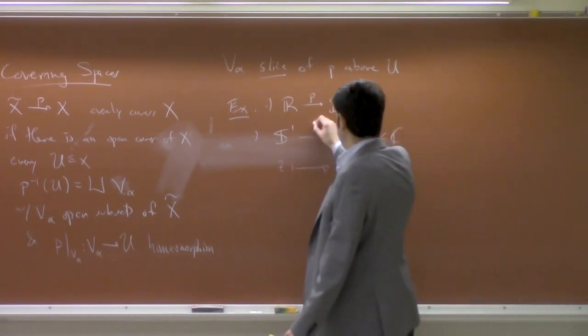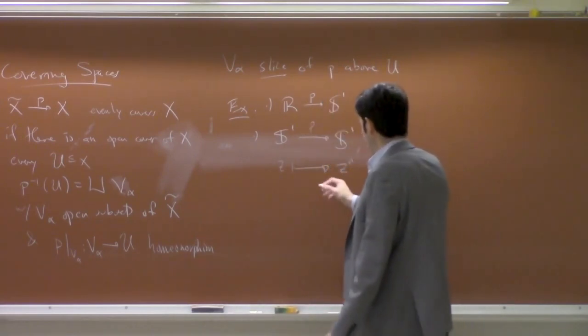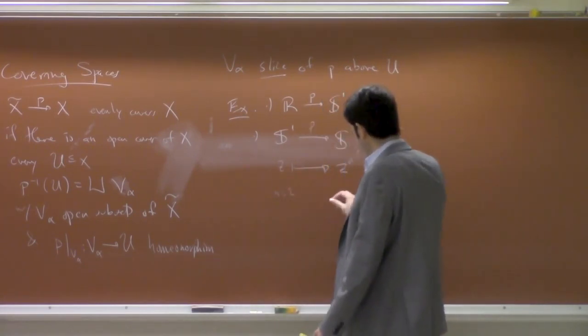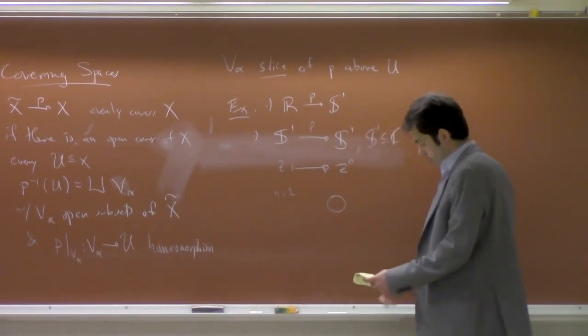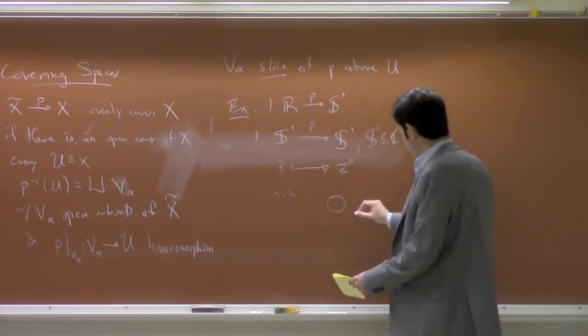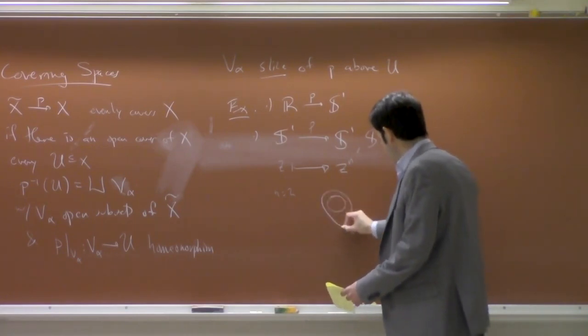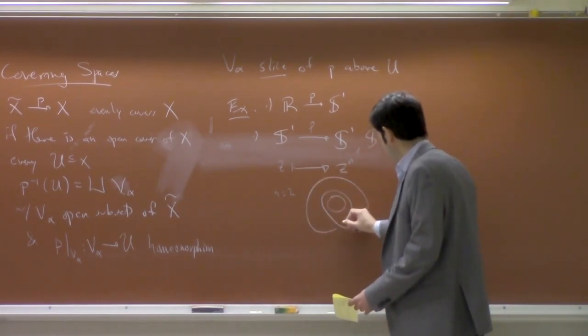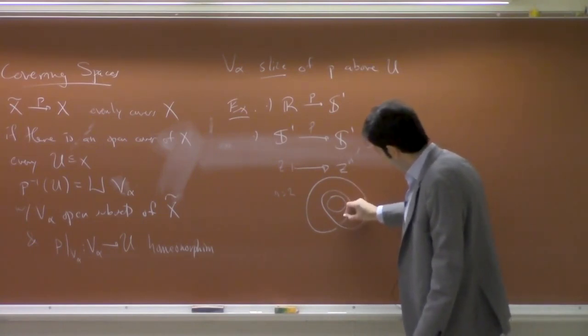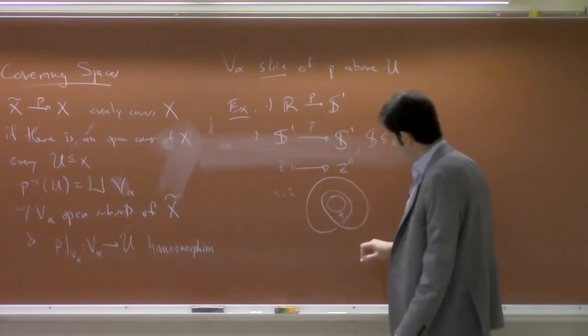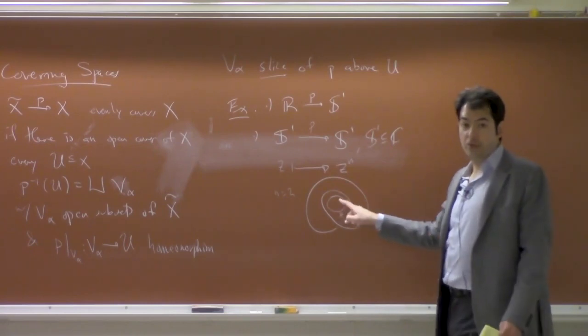All right. So to visualize this, let's say that n is equal to 2. Then if here is the circle you're over, then viewing it from above, you might have something that looks like this. So the circle sits above it twice, and you have a projection down to this other one.